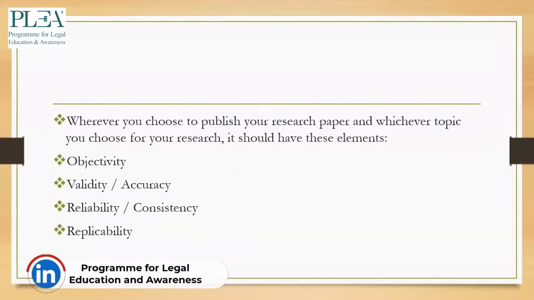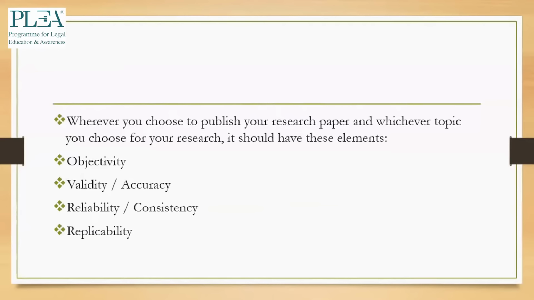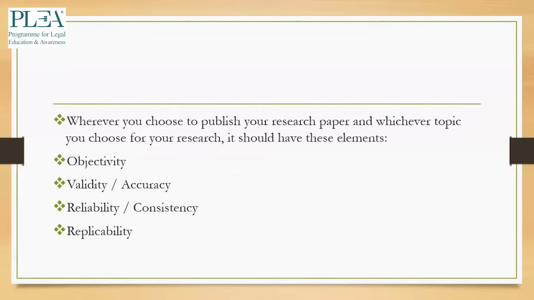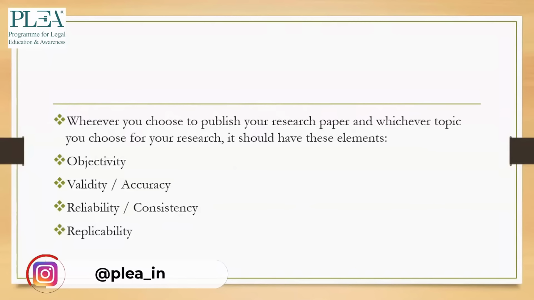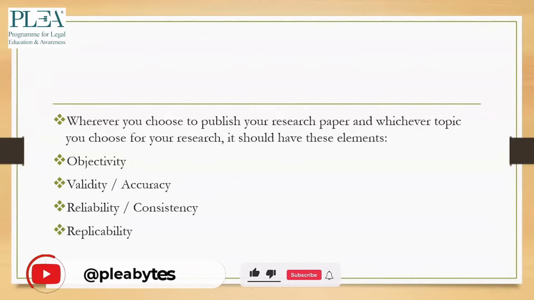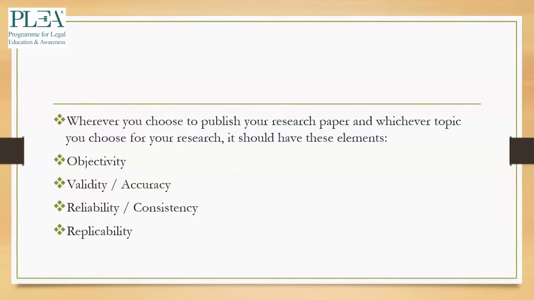Whatever research publication you make, that is, wherever you choose to publish your research paper and whichever topic you choose for your research, irrespective of that, it should have these three or four elements. That is objectivity, validity, accuracy. You cannot publish certain things which are fake. You cannot publish something which is not valid, not accurate. Always publish something which is valid, which is true, which is accurate, authentic.